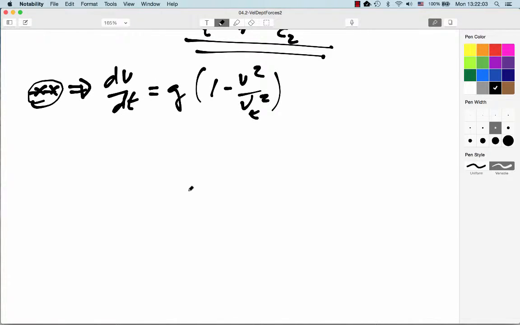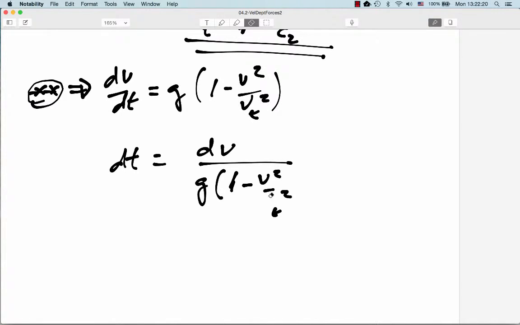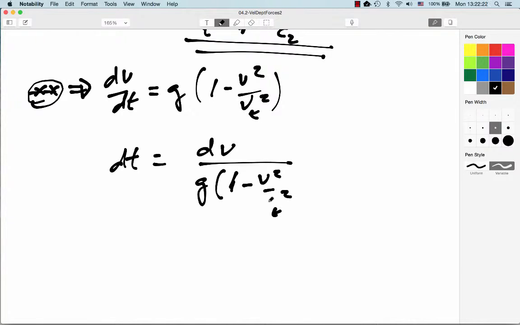Okay, so we can go back to the same well we usually do. We can separate our variables. dt equals dv over all that stuff, I'm afraid: 1 minus v squared over vt squared. Well, we can make it look a little prettier.